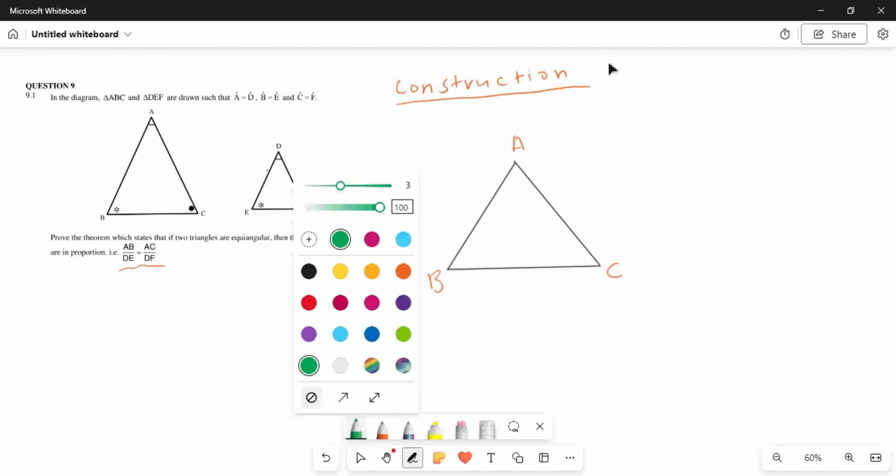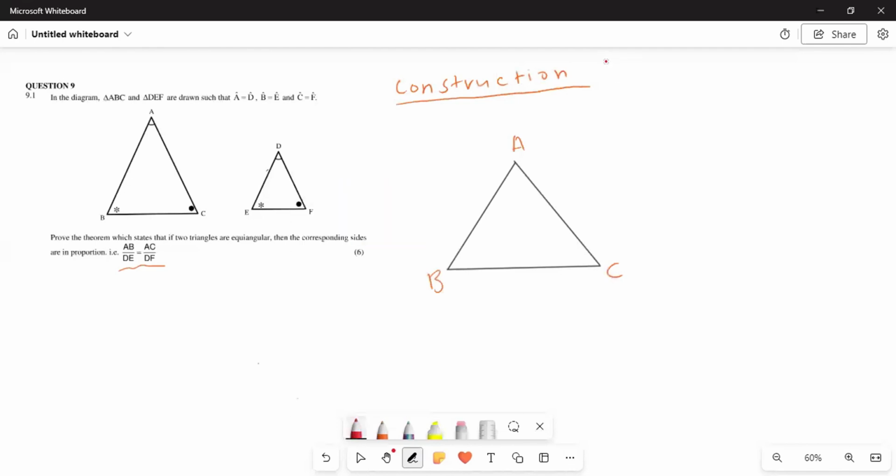Under my construction, I'm going to draw line ZK, such that AK, which is this line from A to K, is equal to DF, and AZ is equal to DE.